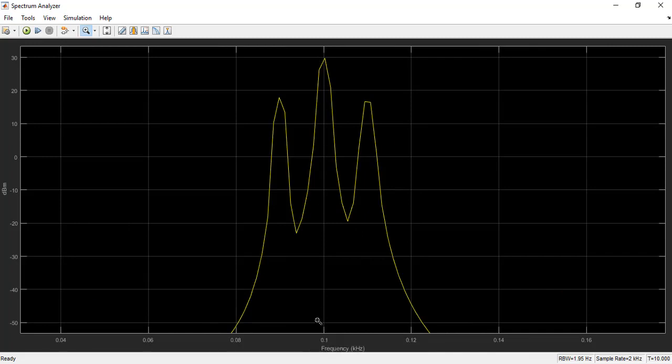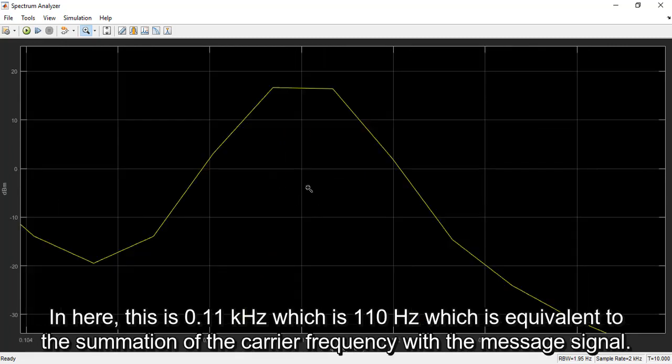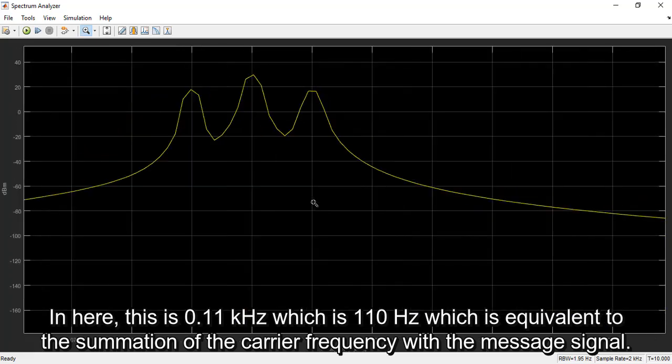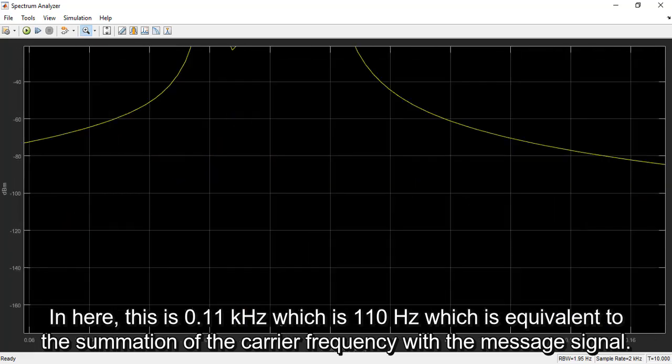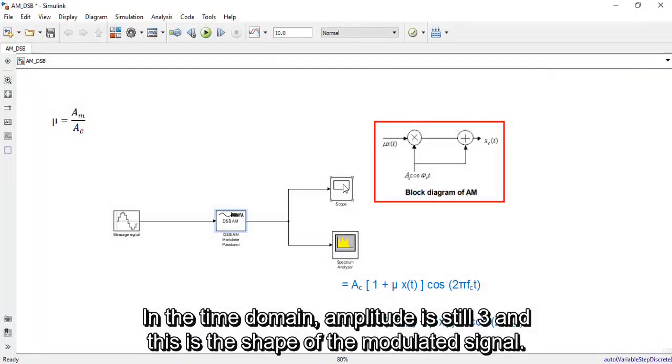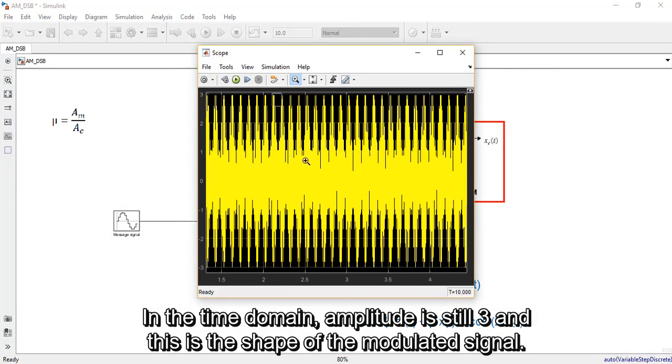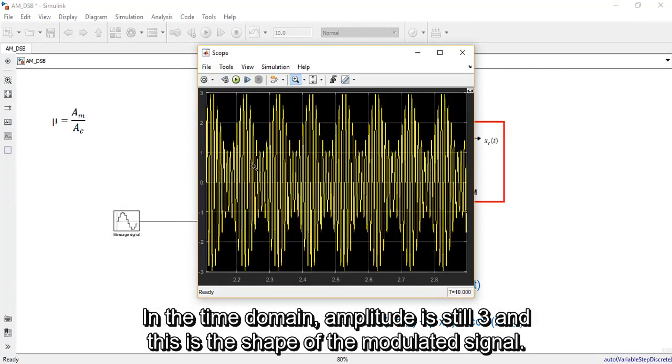This is our carrier frequency, and in here this is 0.11, which is 110 hertz, which is equivalent to the summation of the carrier frequency with the message signal. In the time domain, amplitude is still 3, and this is the shape of the modulated signal.